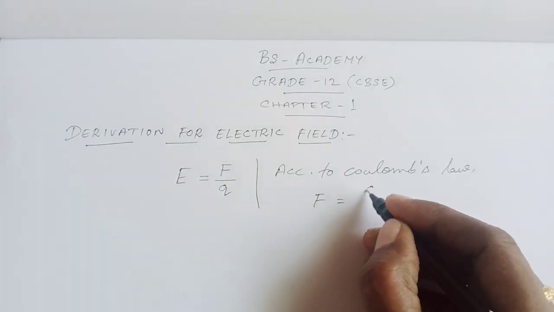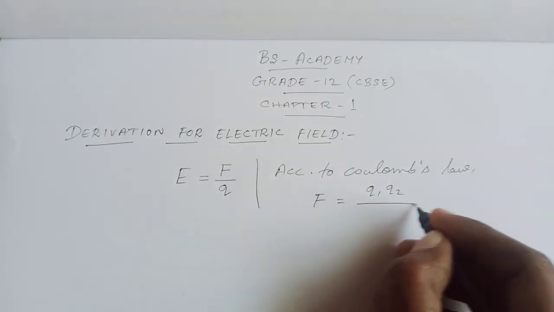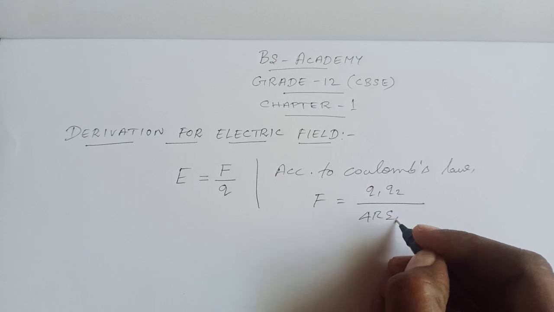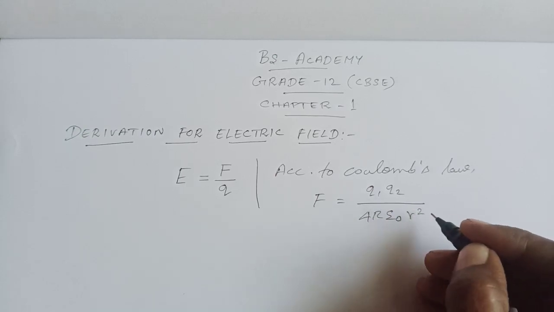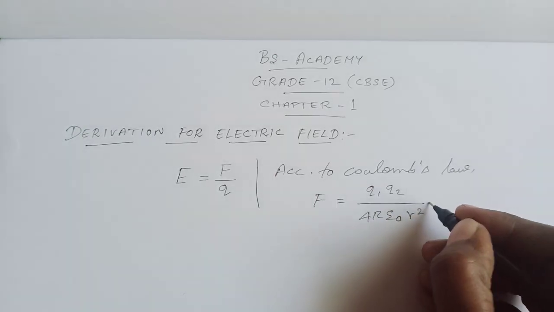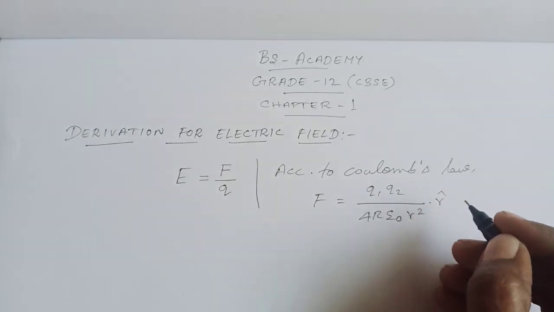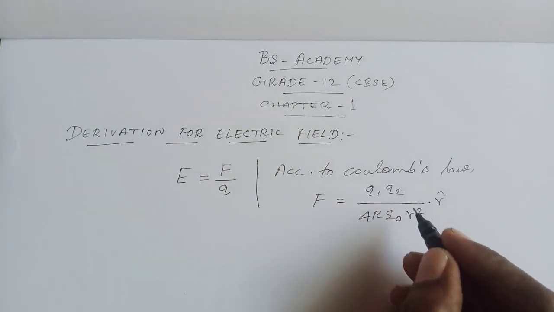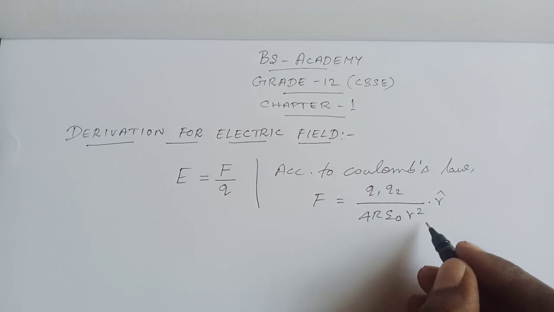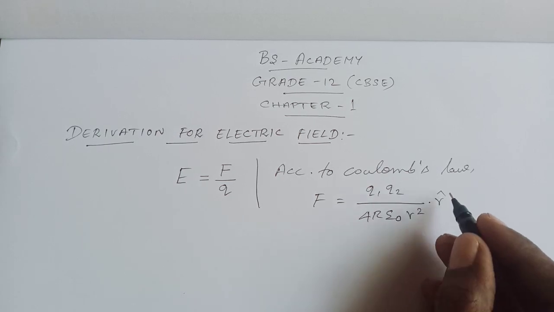F is given by Q1 Q2 by 4 pi epsilon naught r square, and if it is in vector notation you have to include r cap. So F is equal to Q1 Q2 by 4 pi epsilon naught r square into r cap.